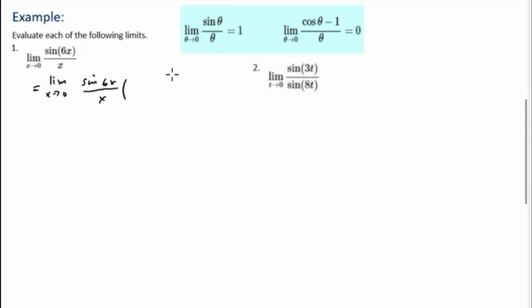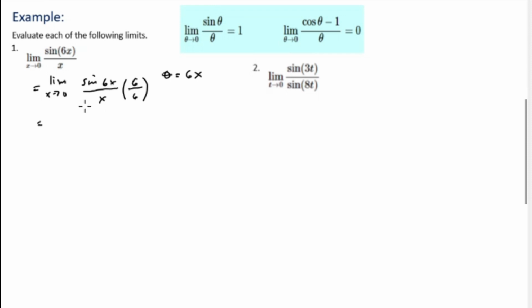To follow the theta for sine 6x, wherein theta is 6x, we need to multiply and divide by 6. So this would be 6 over 6.